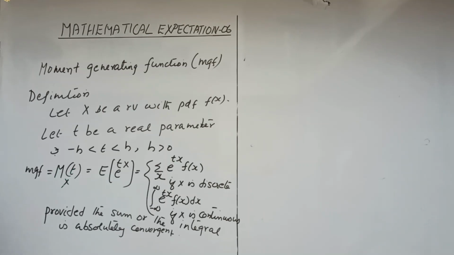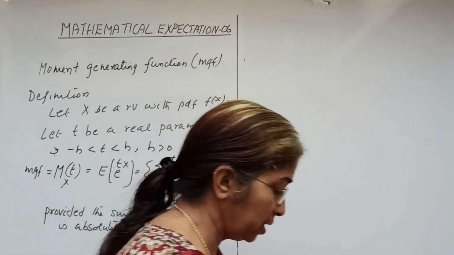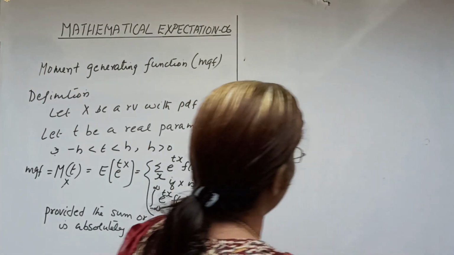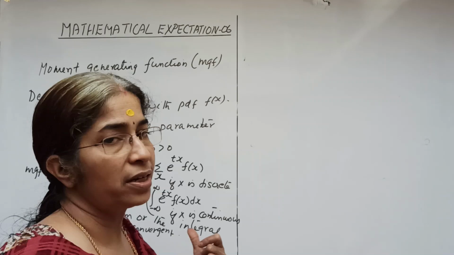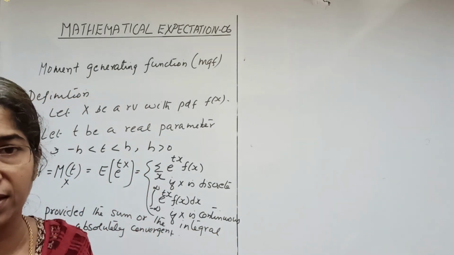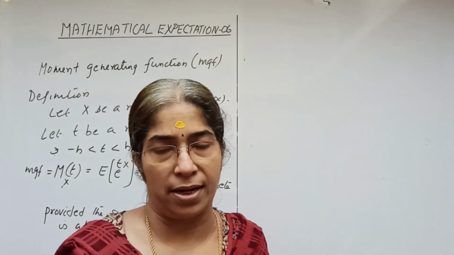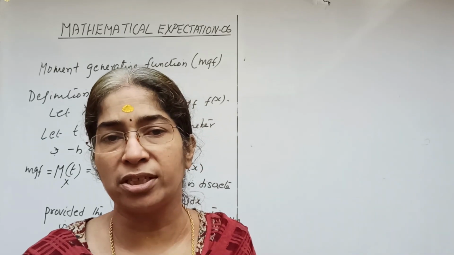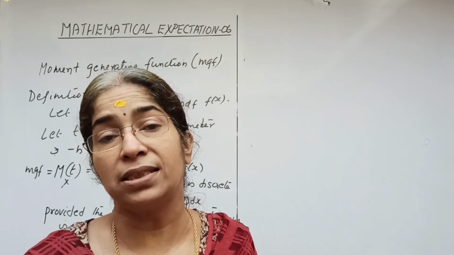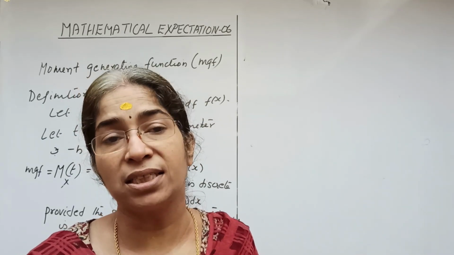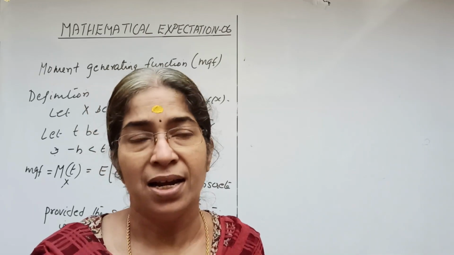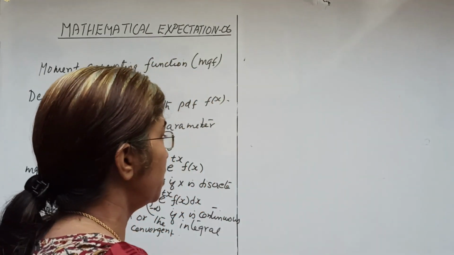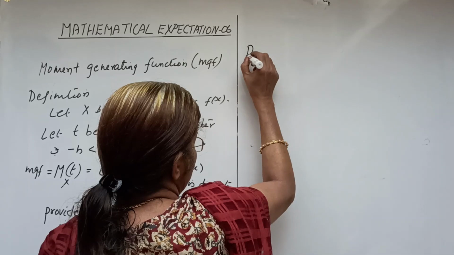Now we consider a very important result. Whenever we have the function M_X(t), we can obtain mu r dash as the coefficient of t raised to r by r factorial in the expansion of M_X(t). A very important result.